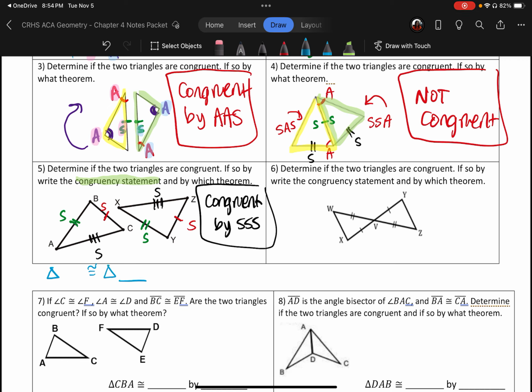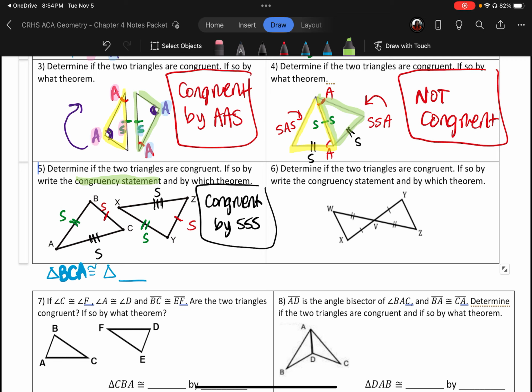So in this case, let's say that in this triangle to the left, I'm going to do this in a different order here. I'm going to call this triangle BCA. Triangle BCA. What I'm looking for is, what would that triangle be congruent to?